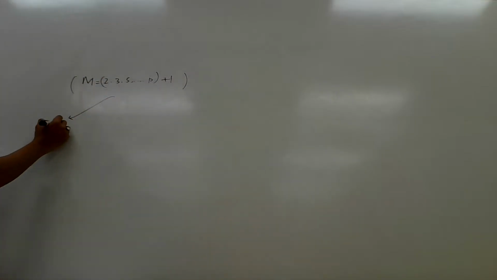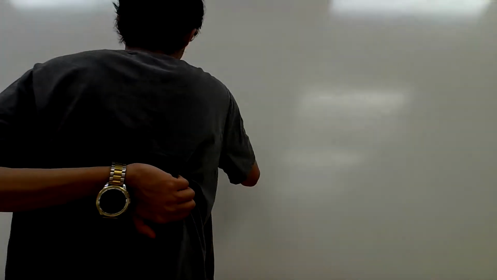If m is prime, then you prove that m is greater than p and m is prime. So there is a bigger prime. M is a prime bigger than p. And if m becomes composite, you can write as follows.